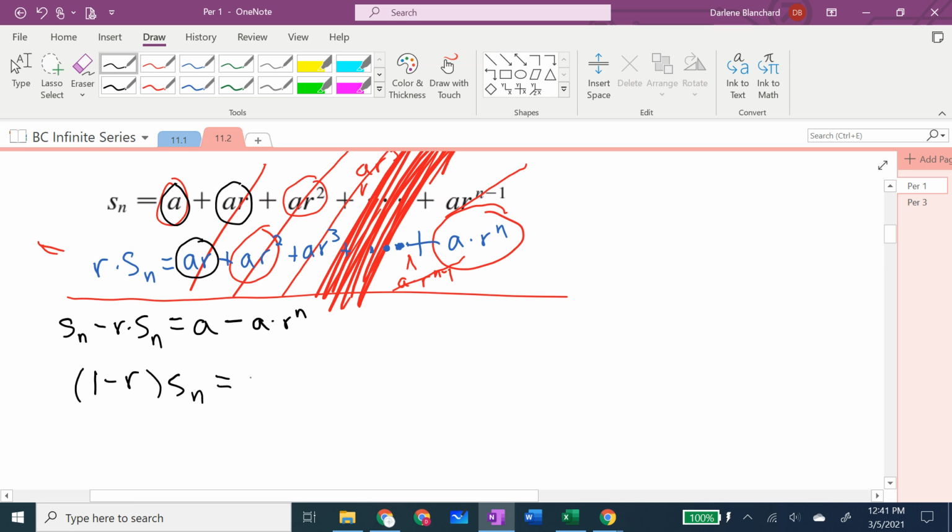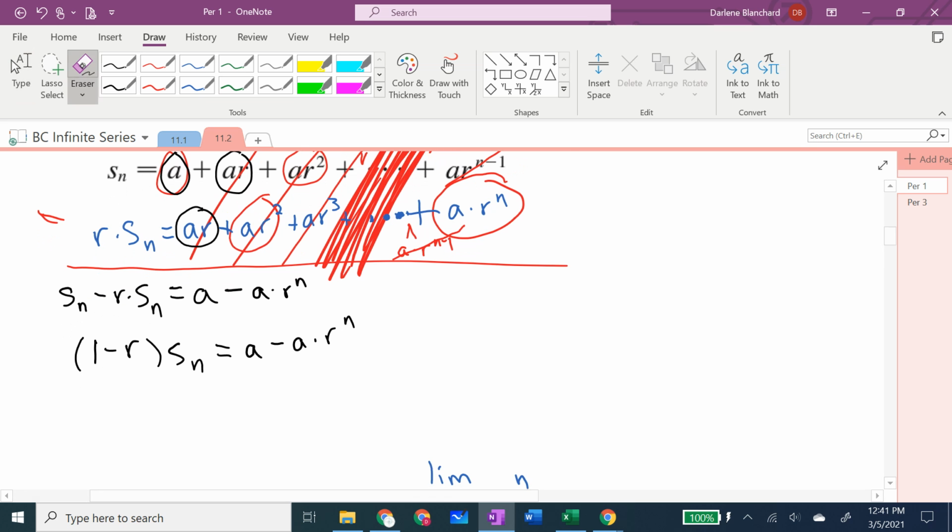On the right side, I have a minus a times r to the n. And then a little division later, okay, eraser, listen to me. There we go. A little division later, and I have a formula for the nth partial sum of any geometric series, whatever its r may be.